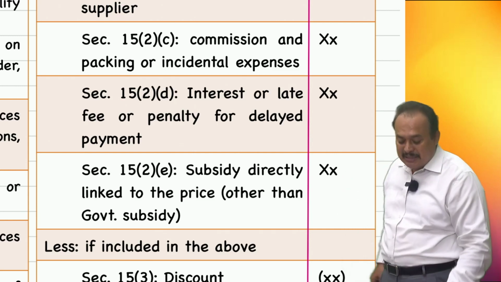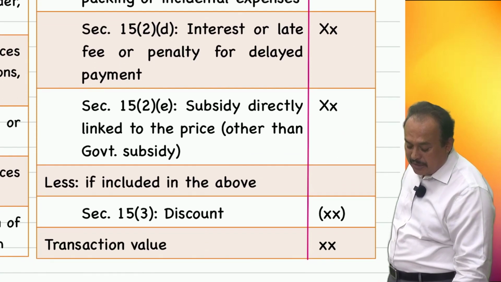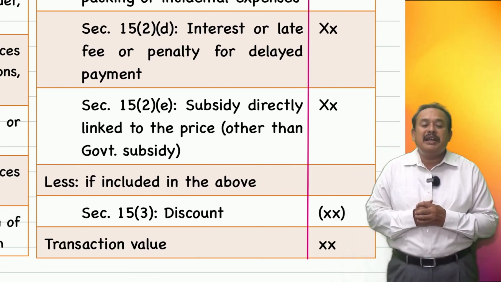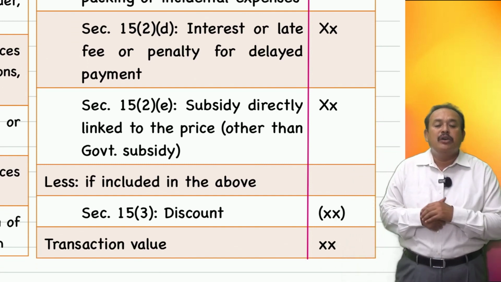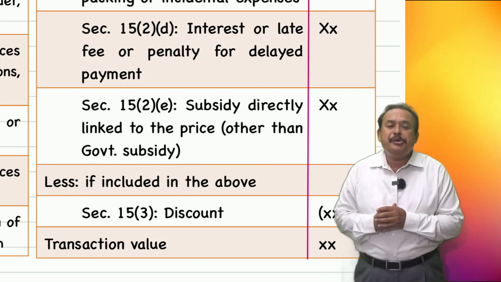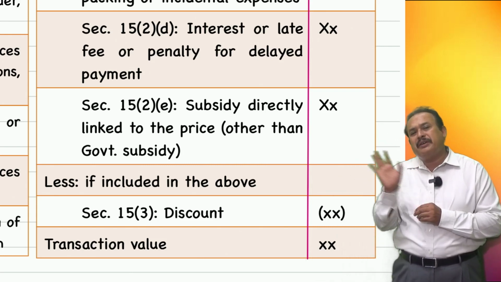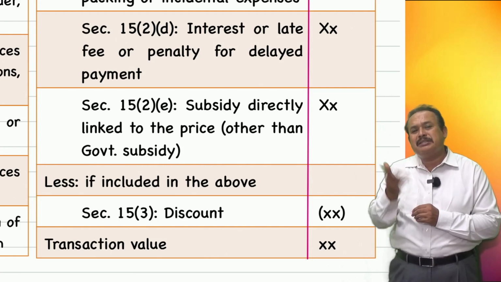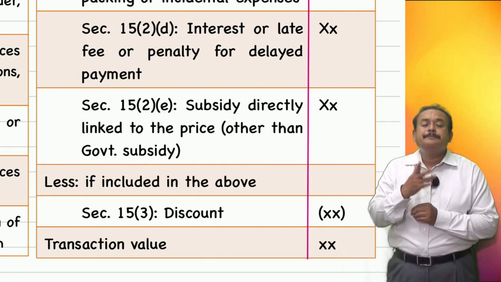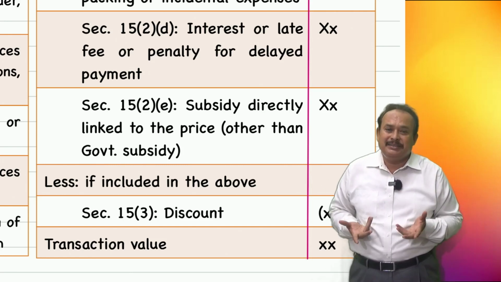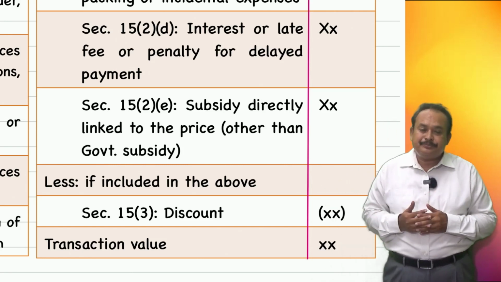Further, my dear friends, section 15 subsection 2 clause D, interest or late fee or penalty for delayed payment. What do you mean by this? You are aware of that. What is the time of supply for interest on delayed payment where the supply is a taxable supply? The date on which we received this payment is the time of supply. As you are aware, we already covered this.